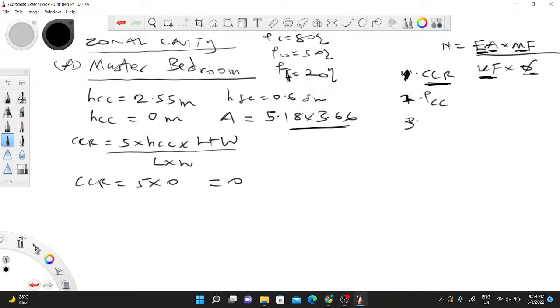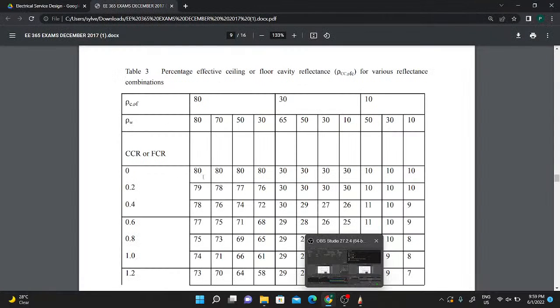So we also need these parameters. Now let me go back to the table. First you do it for ceiling and wall. With a ceiling reflectance of 80 and a CCR of 0, we have a rho CC of 80.